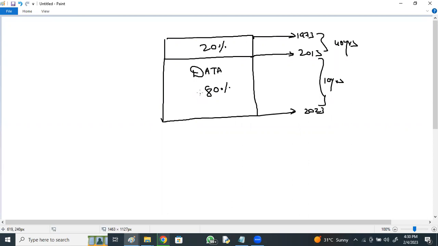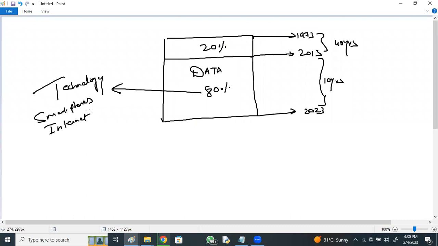The reasons for this huge data generation are the usage of technology, smartphones, and the internet. Today everyone has internet. Huge data is getting generated because of smartphones, internet, and tech.